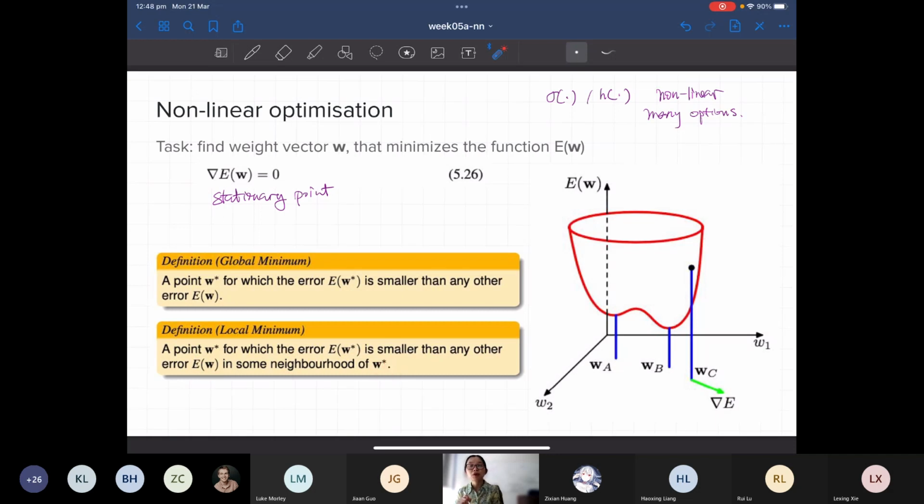This is not very formal, but you can think of small neighborhoods like this. There's a W star, and then some neighborhood corresponds to this, a high-dimensional ball around it.